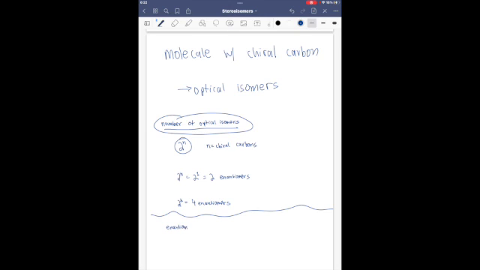Enantiomers have the same physical properties except for the rotation of plane polarized light. They have the same chemical properties except for when they're interacting with other enantiomers, like in the human body.